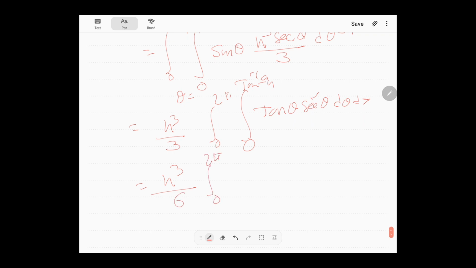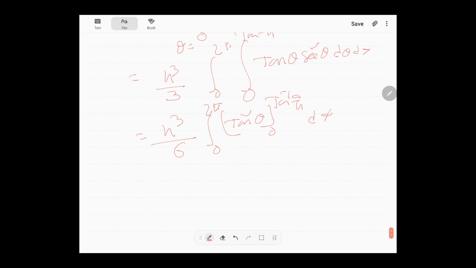Integral 0 to 2 pi, tan square theta between the limits 0 to tan inverse a by h, d phi. If I substitute tan inverse a by h here, tan of tan inverse a by h is a by h.